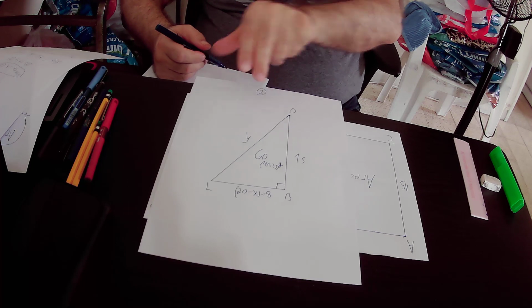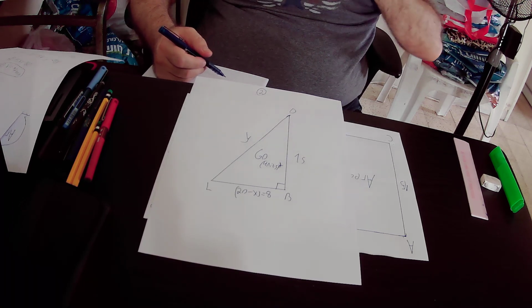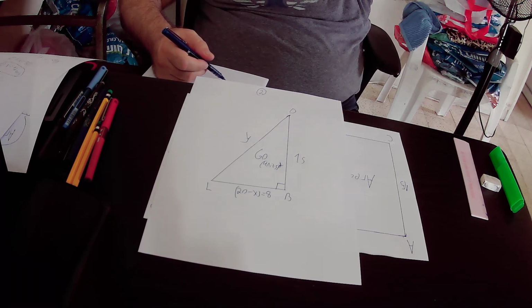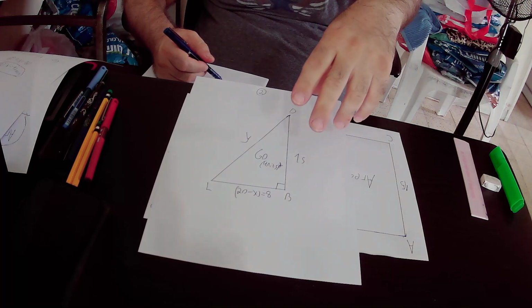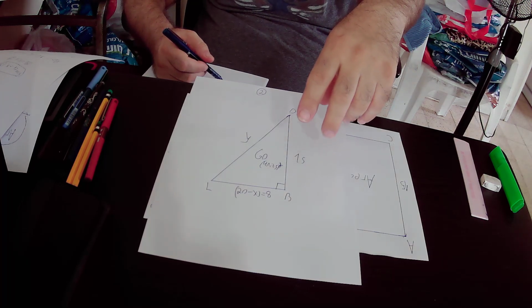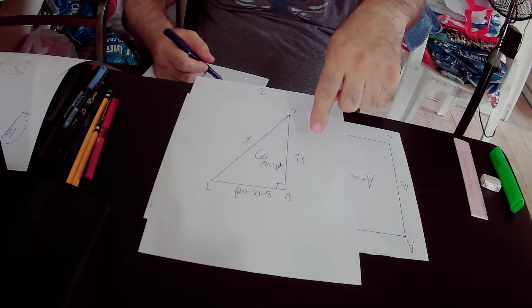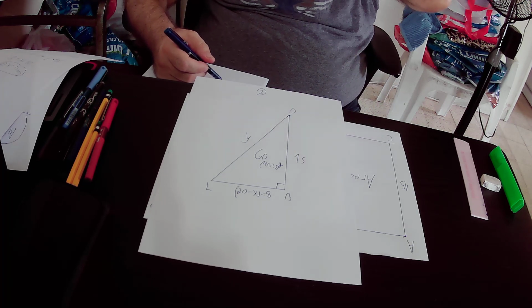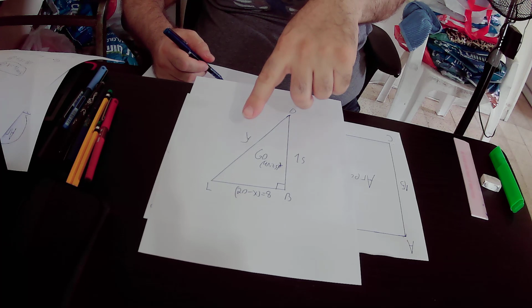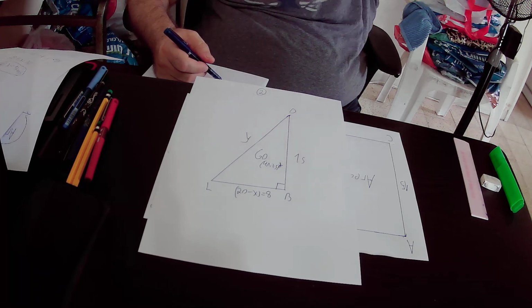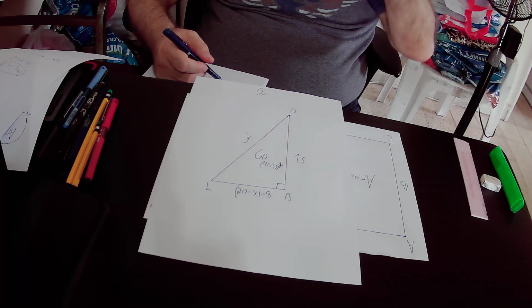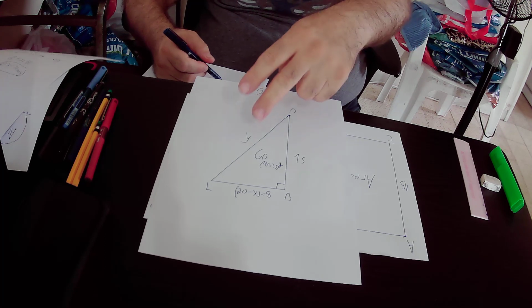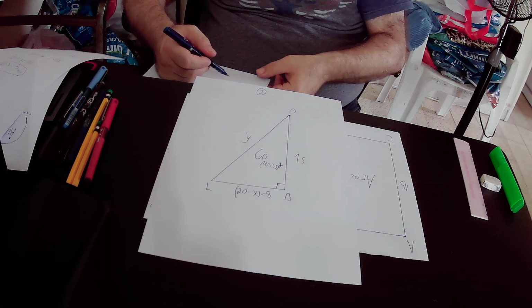So in this right triangle, we know that the perpendiculars of this right triangle equal 15 units and 8 units, and the only missing variable is the hypotenuse of this right triangle. So we can use the Pythagorean theorem in order to find out the value of y.